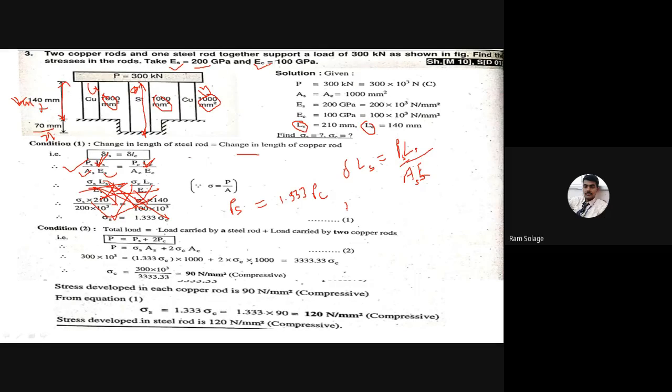Meaning what? Total load P is equal to load taken by copper rod plus load taken by steel rod plus load taken by again copper rod, correct? Meaning what? P is equal to PCU, this is rod number 1, plus PS, rod number 2, and this is rod number 3, PCU.